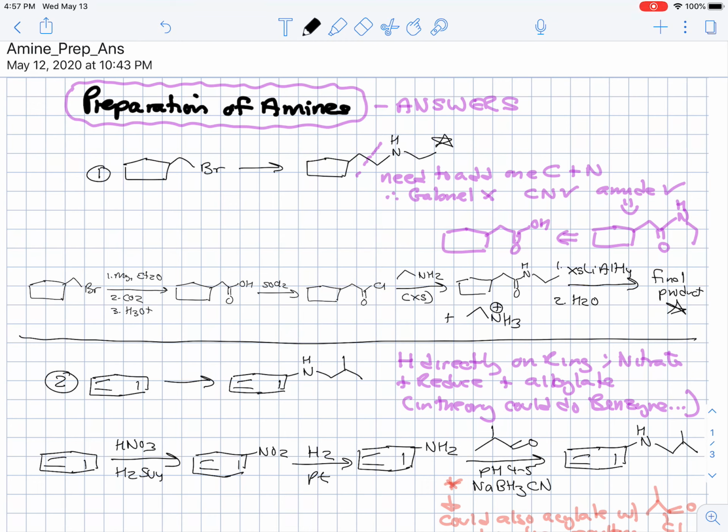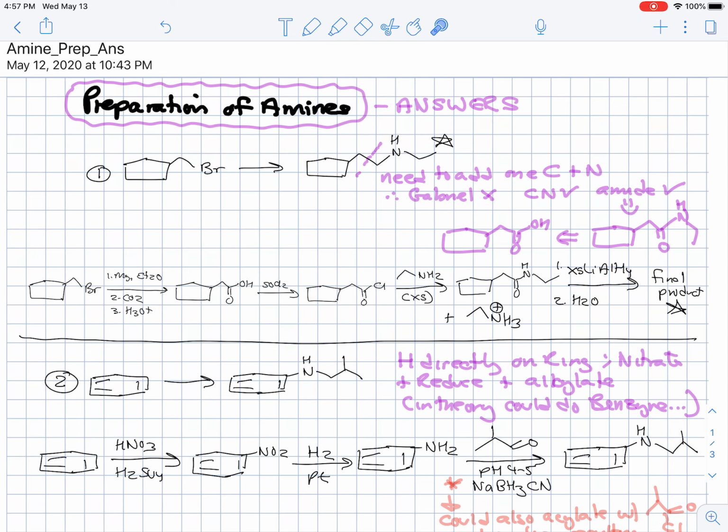And that's an appropriate thing to do here because ethylamine is pretty cheap. And then finally we can reduce this with an excess of lithium aluminum hydride and add water to get the final product, which, even though I kept reducing the size of this thing, I could not fit here.